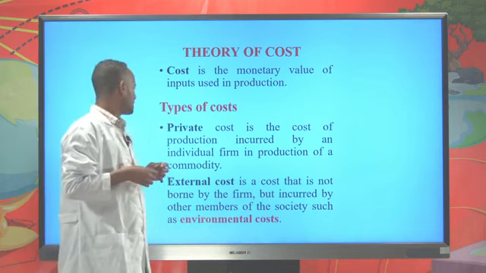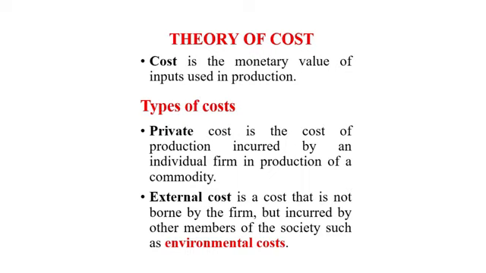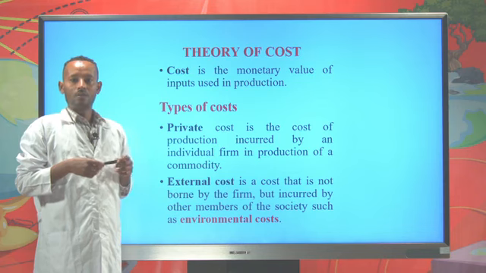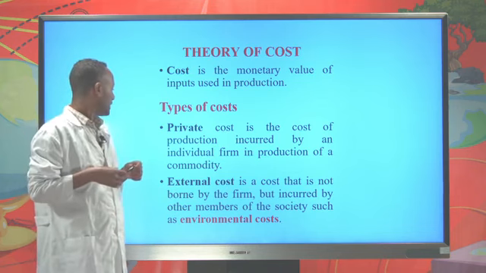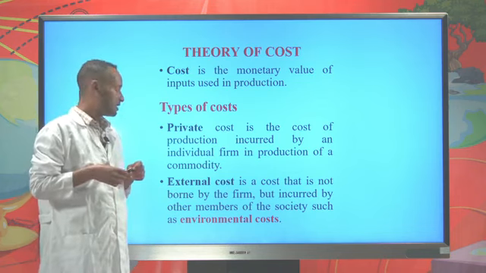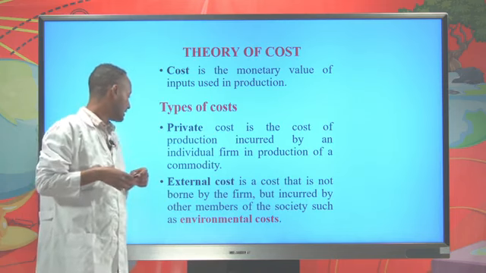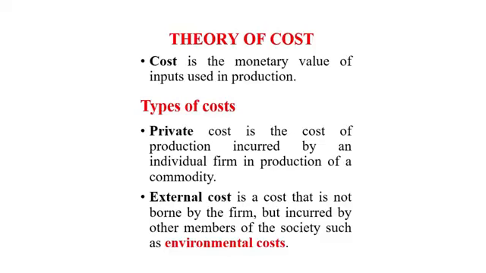Now let's see the types of cost. The private cost is the cost of producing a good, and it is mainly incurred by a private firm. But the external cost is a cost that is not borne by the firm, but is incurred by other members of the society.